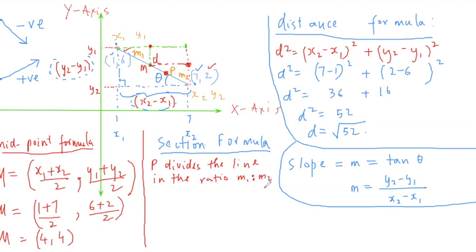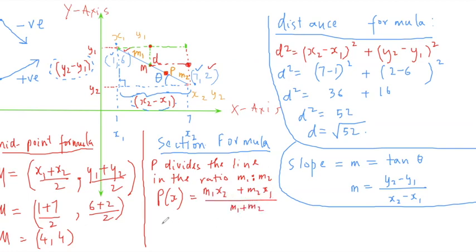Since it's an unequal division, instead of the average we use something called a weighted average. So the x coordinate of P, the weighted average, would be (M1x2 plus M2x1) divided by (M1 plus M2).